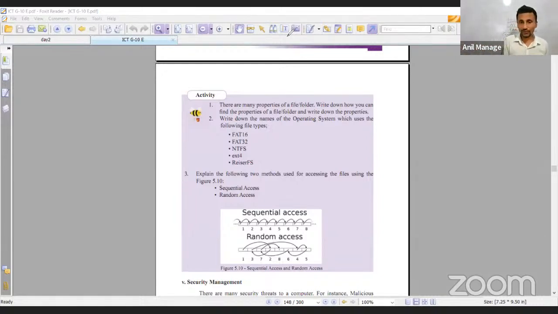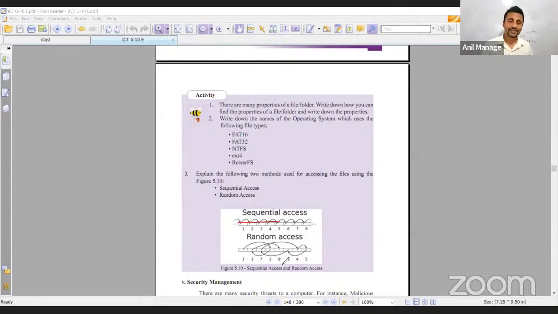If you want to access the fifth song, you have to rewind or fast forward, pass the others and come to the fifth song. That is called sequential access. When school is finished, you come out one by one, very politely. That is also sequential access.